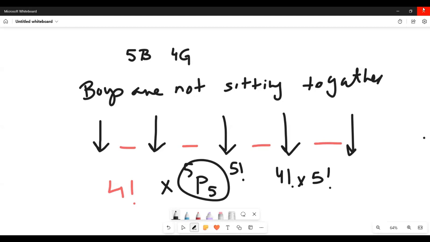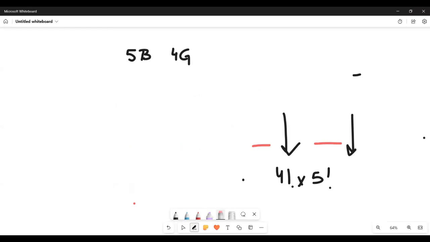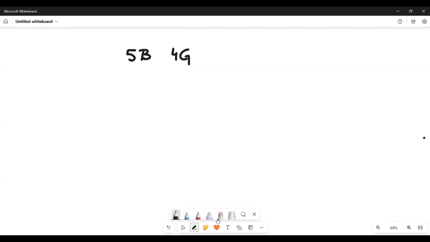Then there's the case that girls are not sitting together or girls are separated from each other. Girls do not sit together or girls are separated.